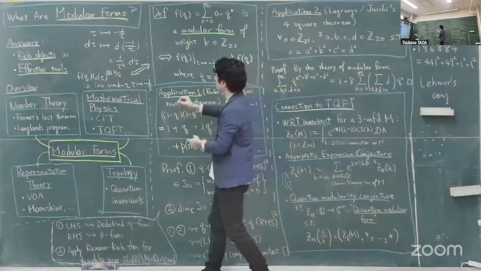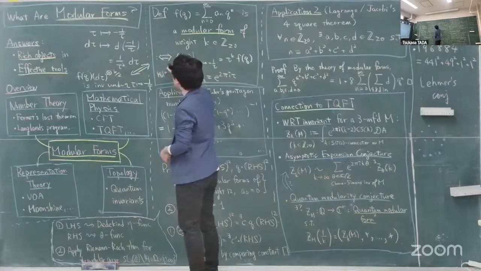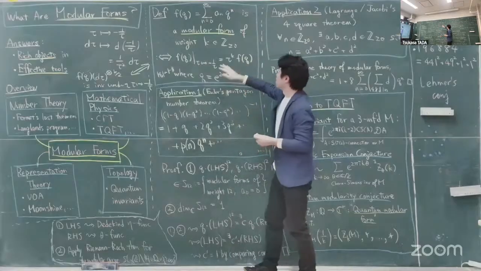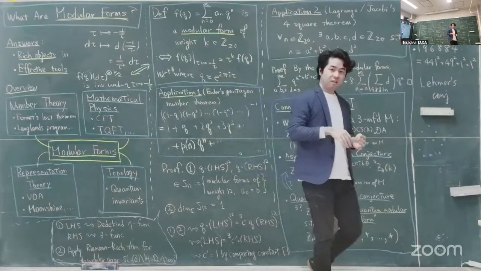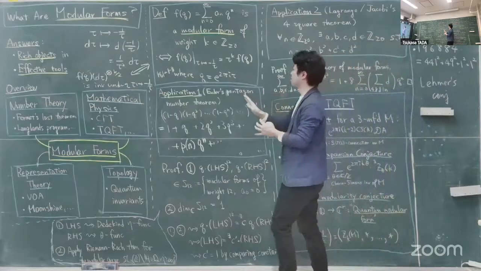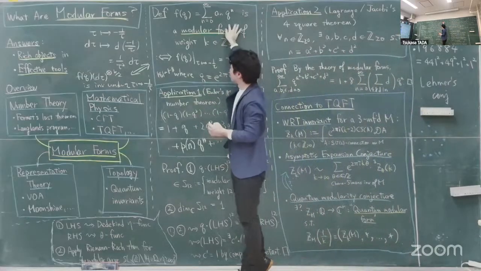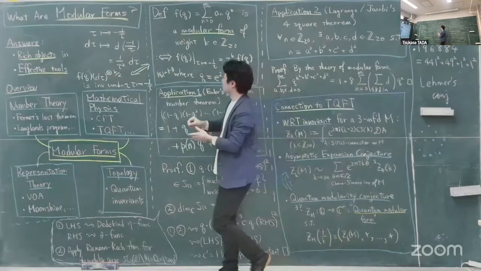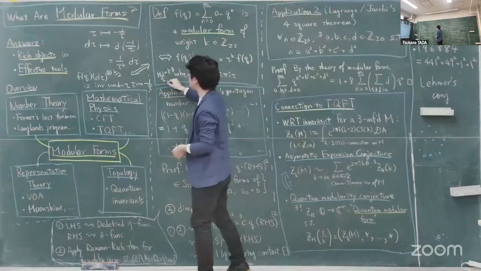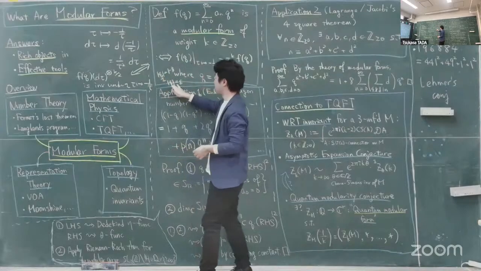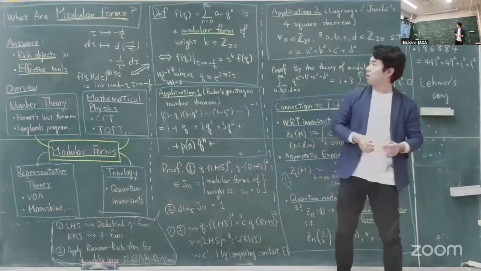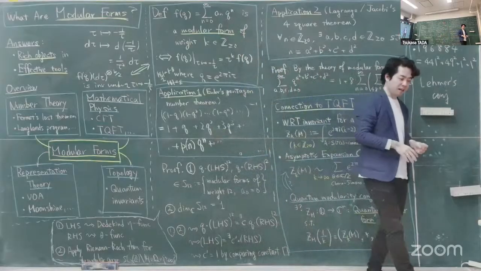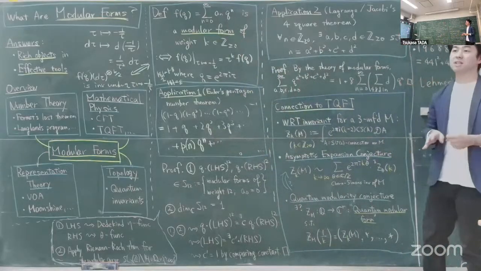If Q is near to 1, then this series is not fast convergent. But by taking tau to the -1 over tau, this Q has a very small radius, so we can calculate this part fast. So that's the reason why modular forms can be applied to computation theory.